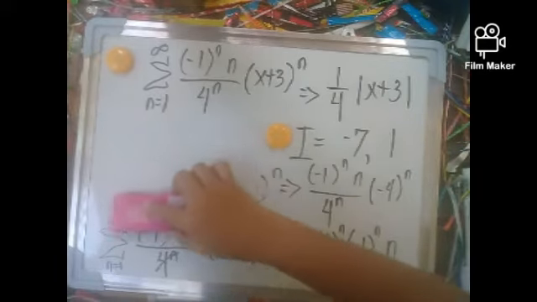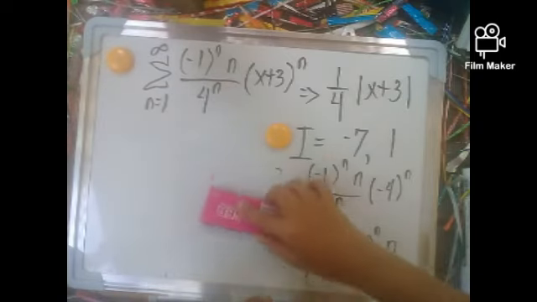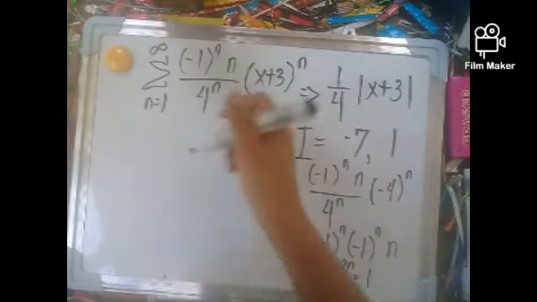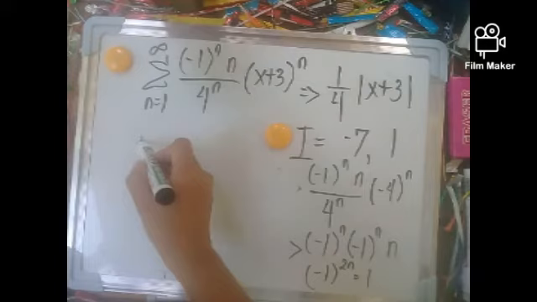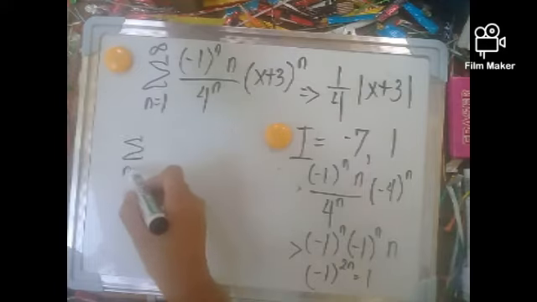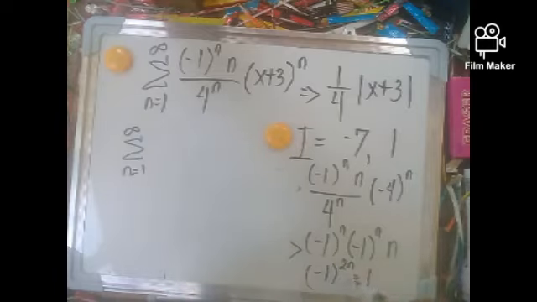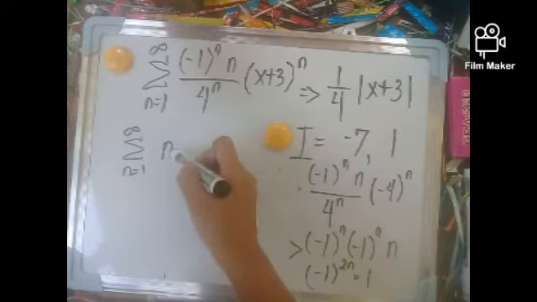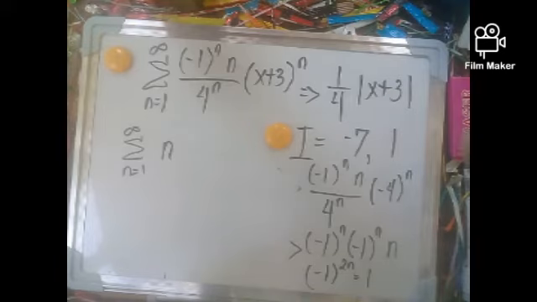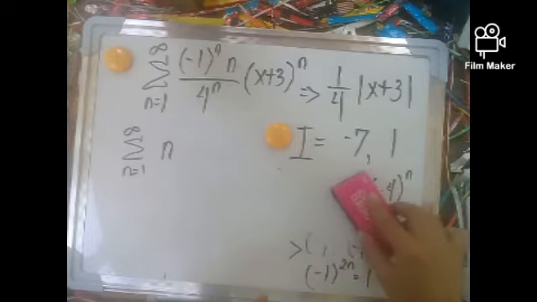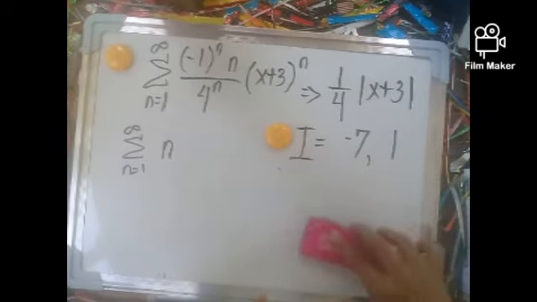So, our series for x is equal to negative 7, our series n is equal to 1 will be, so ito ay 1, so we have n. N na lang natira.